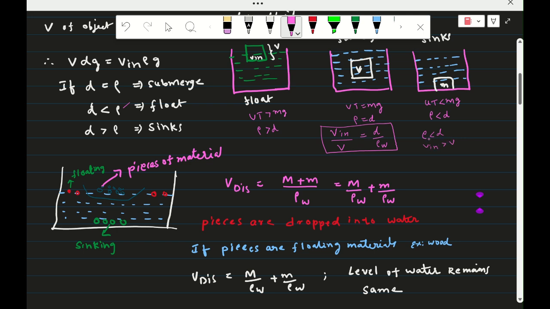So it is not clear here. It is not comparable. The volume of immersion should be more than the volume, which is not possible, right? So this is not possible. Okay, so that's why it sinks, right?